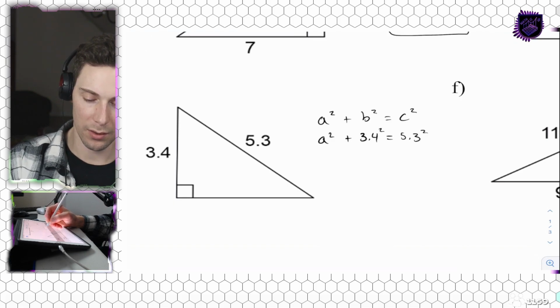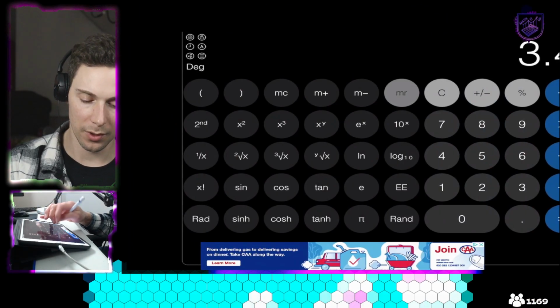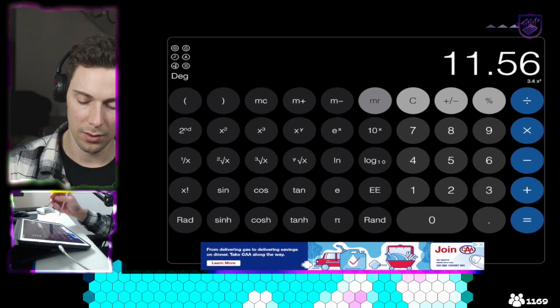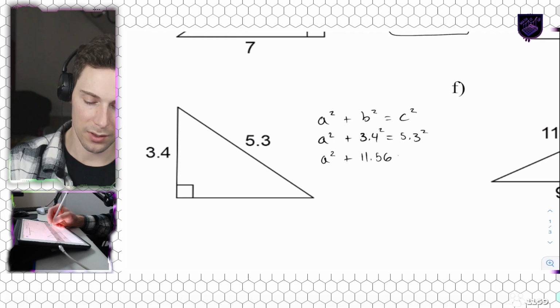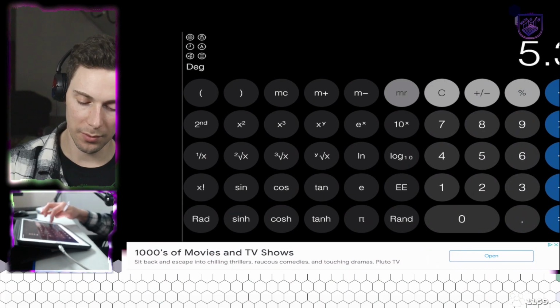Put our squareds in there. A squared plus, what's 3.4 squared? 11.56 is equal to 5.3 squared.